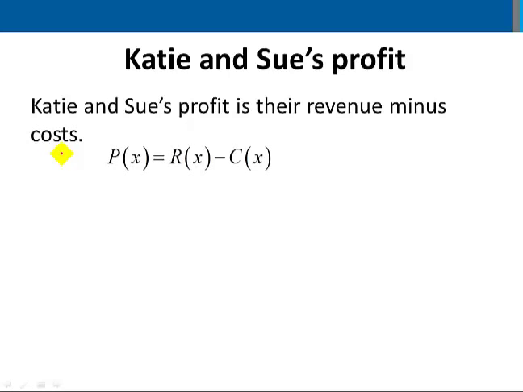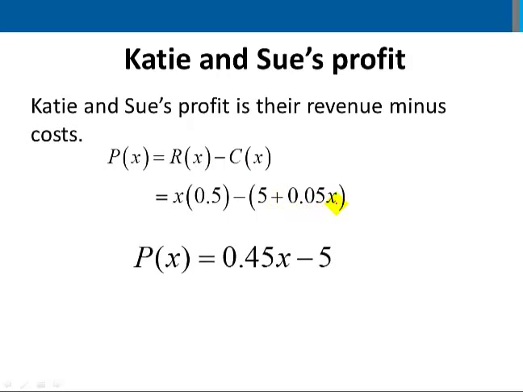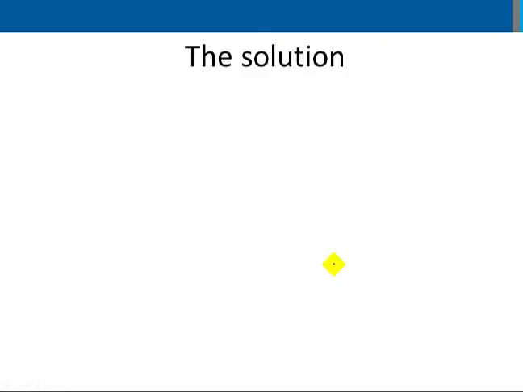So Katie and Sue's profit function is going to be R of X minus C of X. And if we remember, R of X for Katie and Sue was X times 0.5 minus C of X. Their cost function was 5 plus 0.05X. We simplify to get a profit function of 0.45X minus 5. So this is Katie and Sue's profit function.